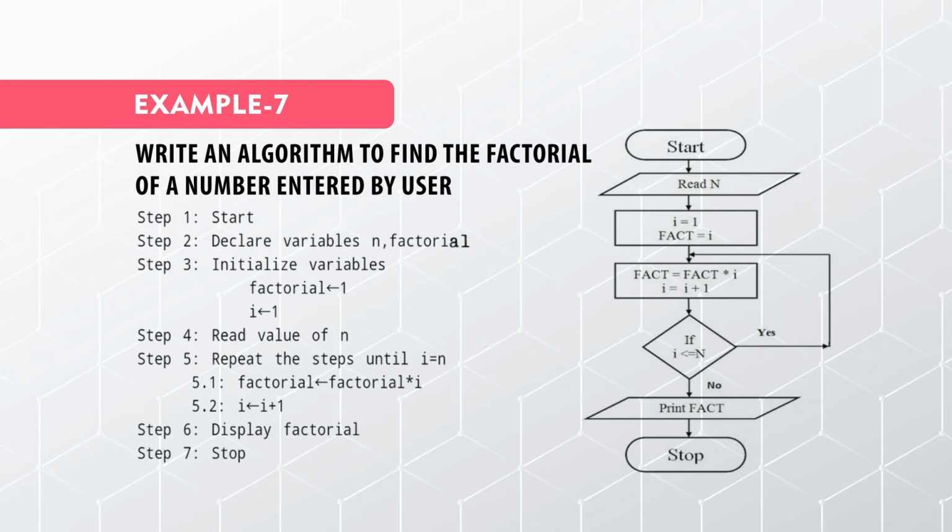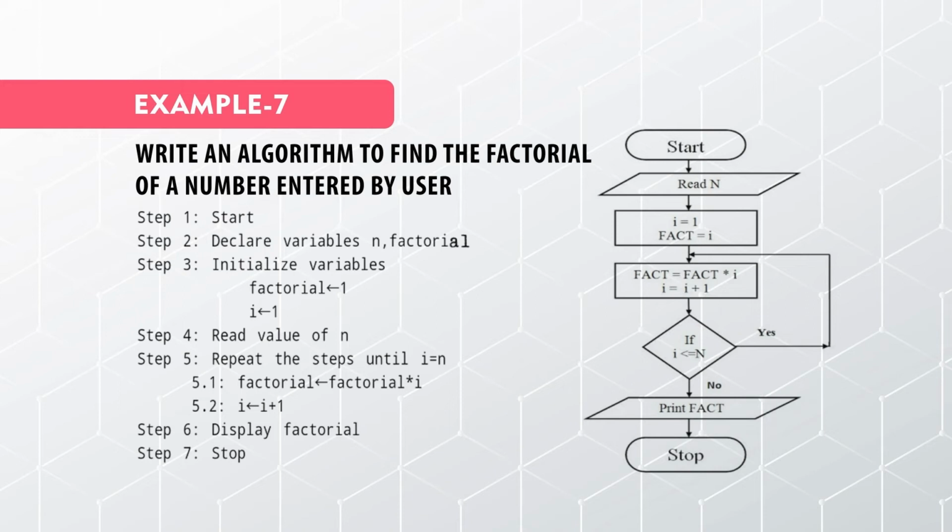Let's focus here on the problem of calculating the factorial of a number. Say we need to calculate the factorial of a number n entered by a user. Let n be the number, and factorial is a variable which stores the answer.